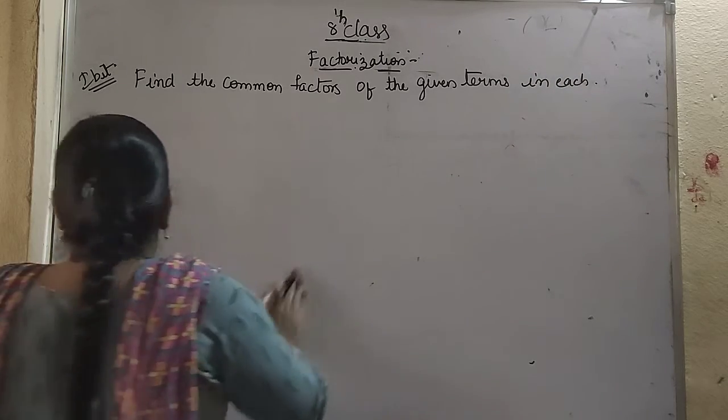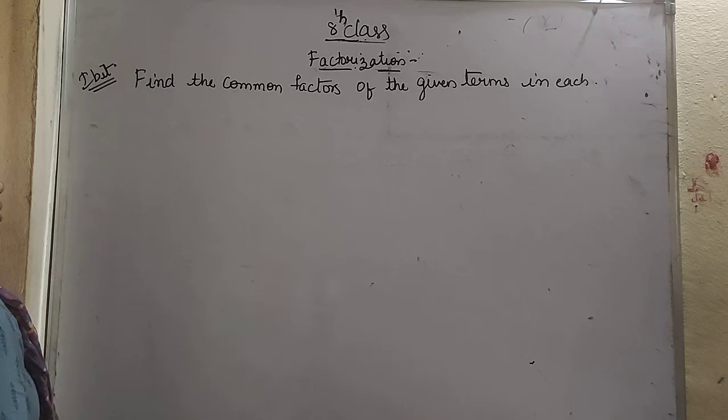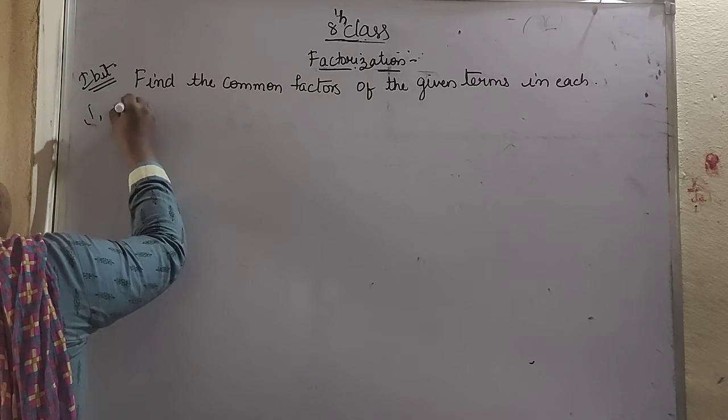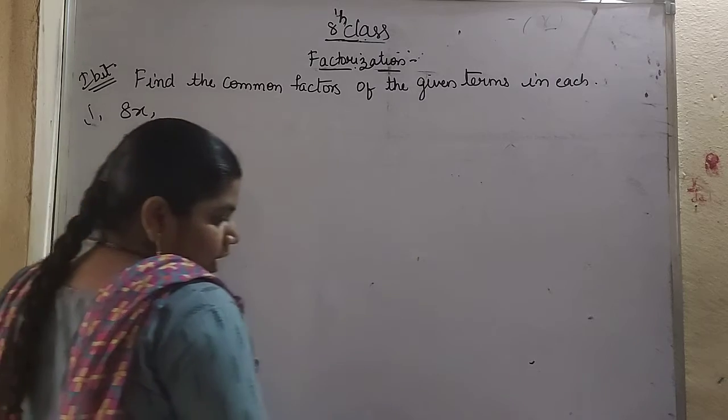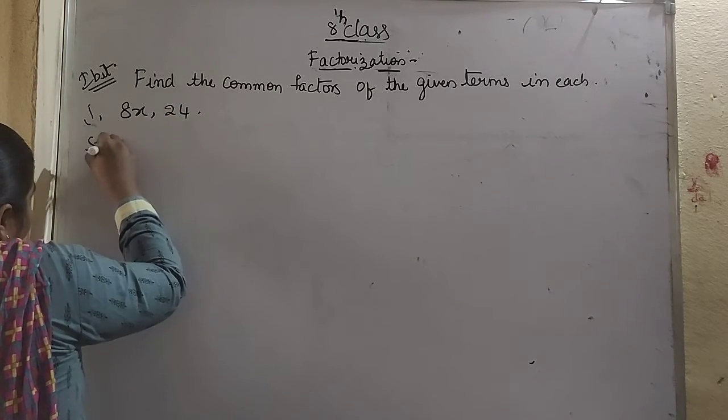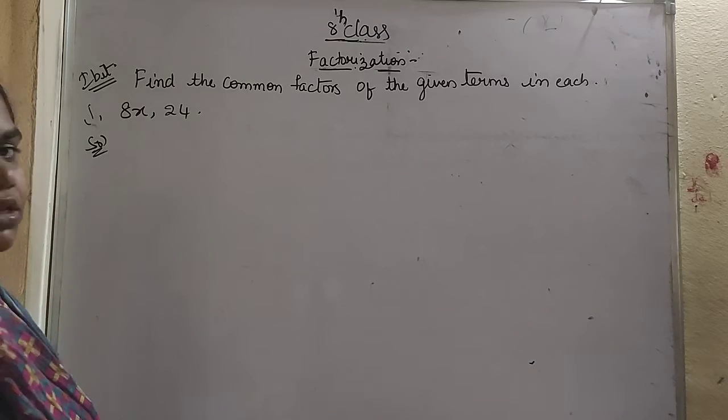So we have to take out the common factors of the given terms in each case. In that, the first one is 8x comma 24x. So we have to factorize them and take the common factors from that.